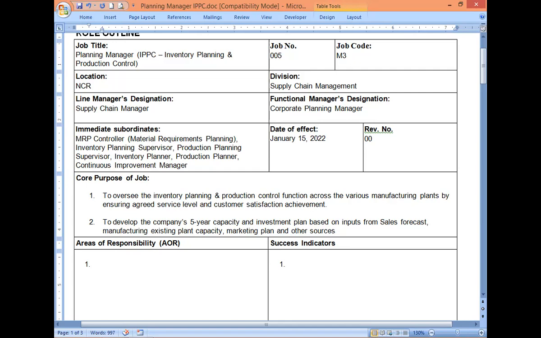Other sources to enable capital investment decisions.